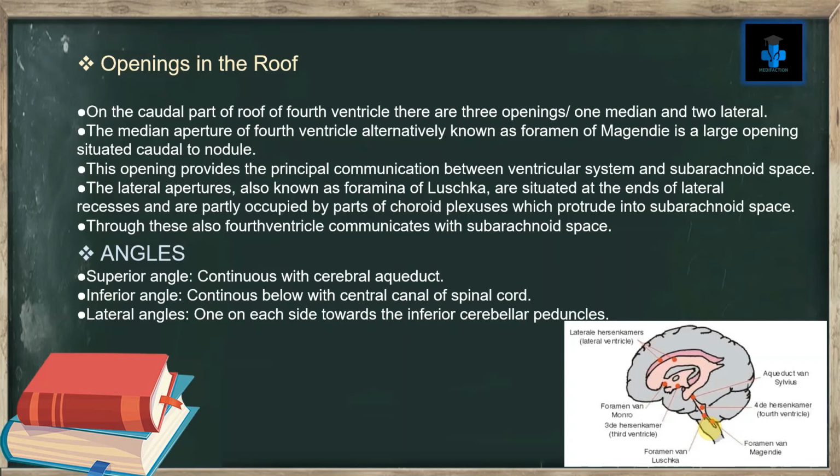Through these also, fourth ventricle communicates with subarachnoid space. Angles. Superior angle continues with cerebral aqueduct. Inferior angle continuous below with central canal of spinal cord. Lateral angle, one on each side towards the inferior cerebellar peduncles.